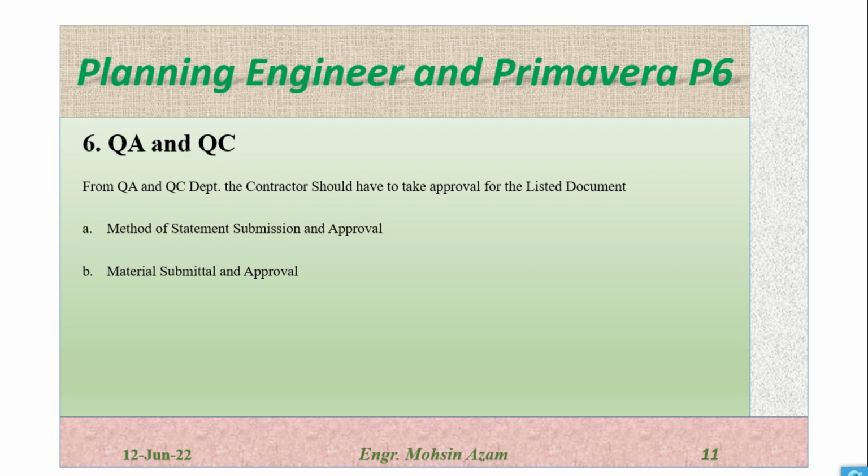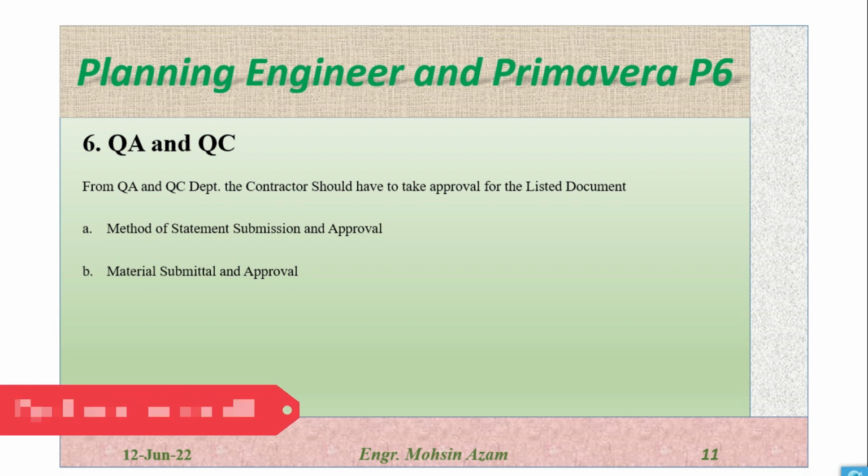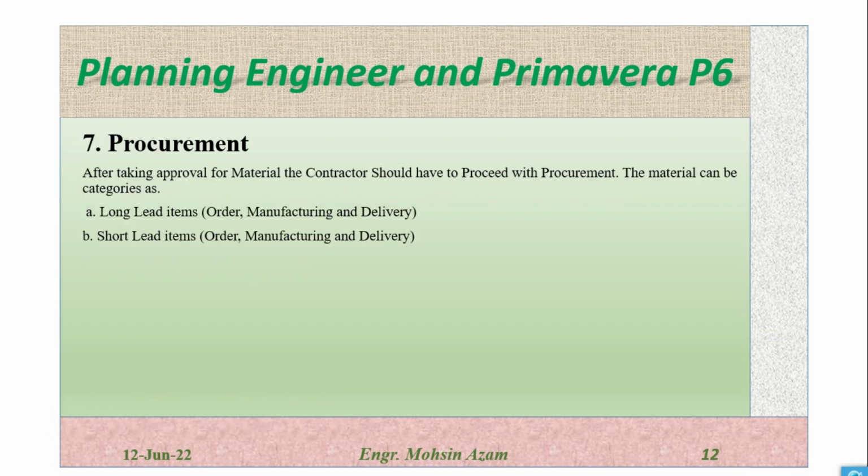After submission and review by the engineer, they will give us the approval. Then we have to submit the materials which we will use in the project, and after submission and review by the engineer, followed by the authorities, they will give us the approval for the materials.